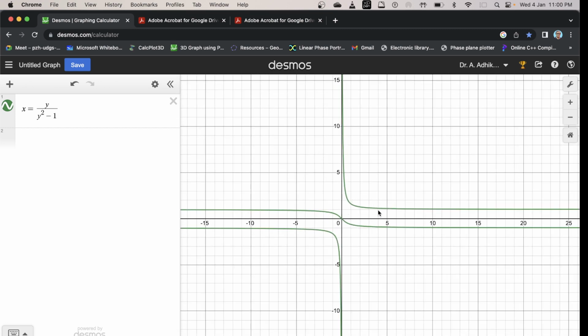Here this line is y = 1, and this line is y = −1. So there are two asymptotes here, y = 1 and y = −1. So y = 0, the x-axis, is not an asymptote of this curve.